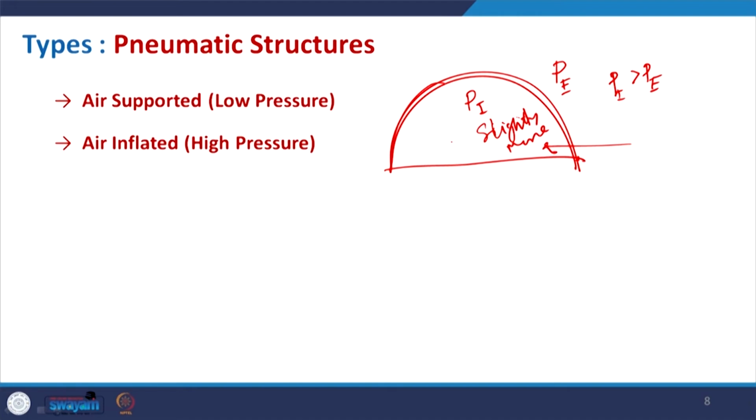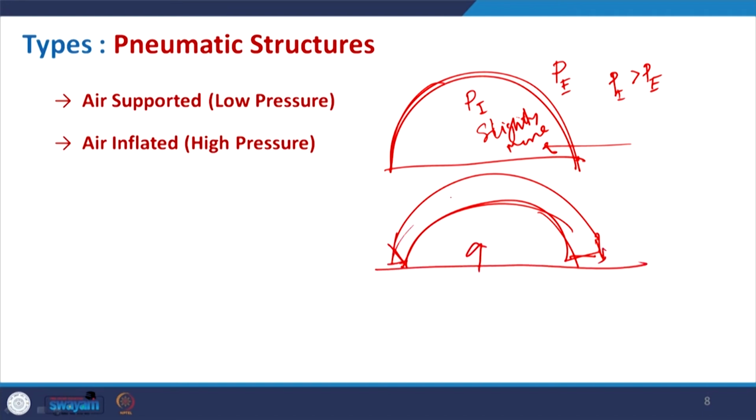Now, air inflated is not a single layer; it is basically two layers of the surface, the membrane, and air is not injected directly into the shape, it is injected into the medium. So, between two layers the air is inserted.